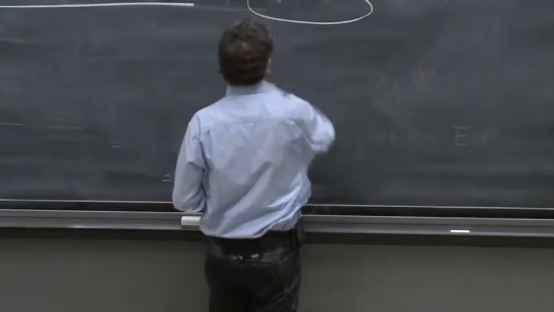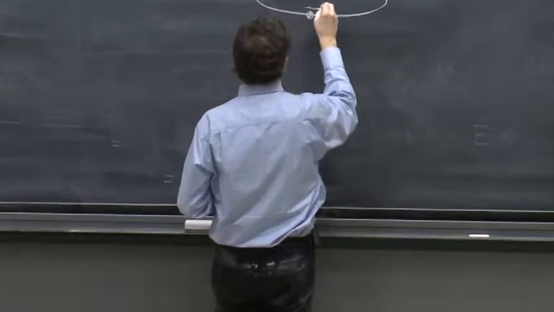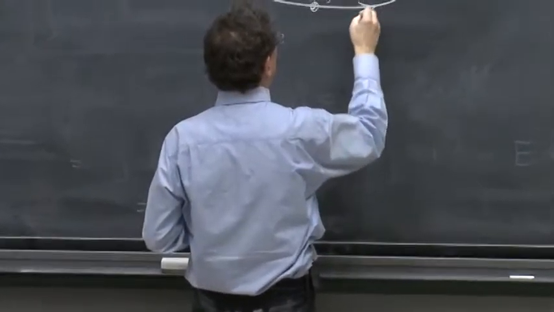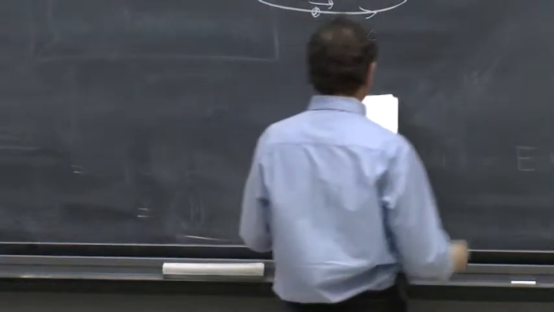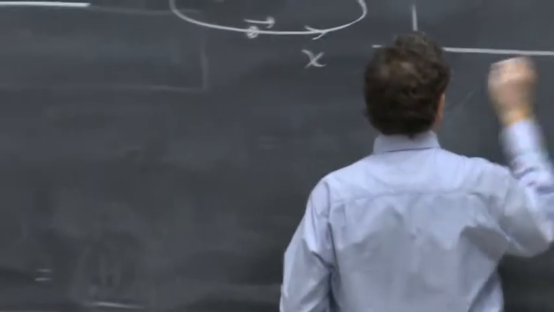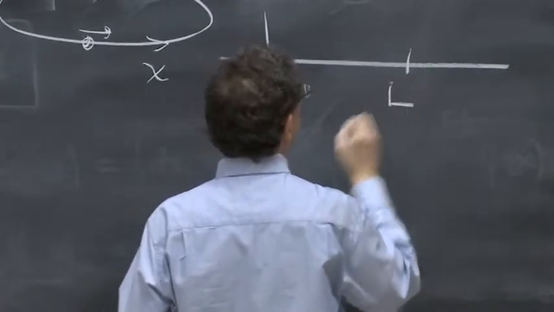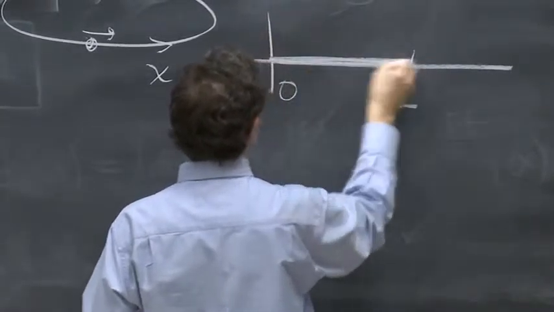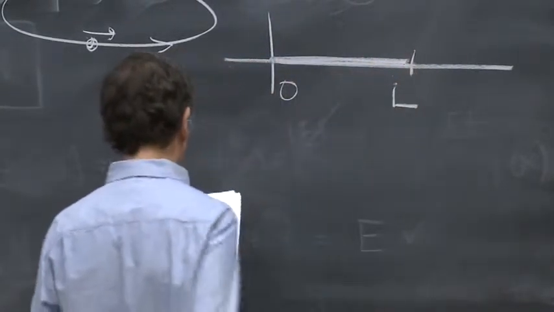So we have a particle in a circle, which means a particle moving here. And this is the coordinate x, and x goes from 0 to L, and we think of this point and that point as identified.